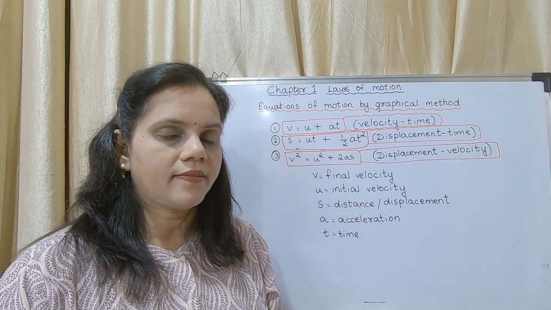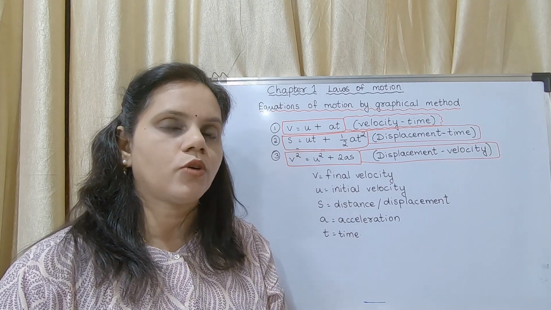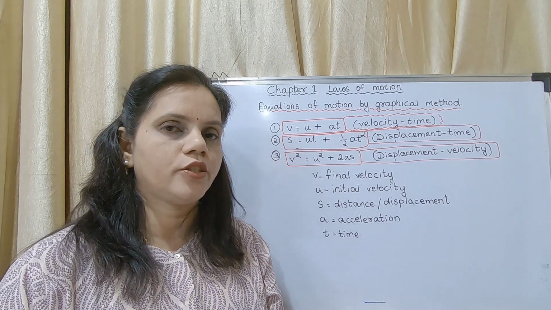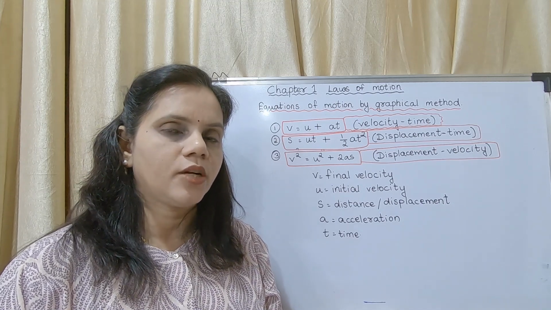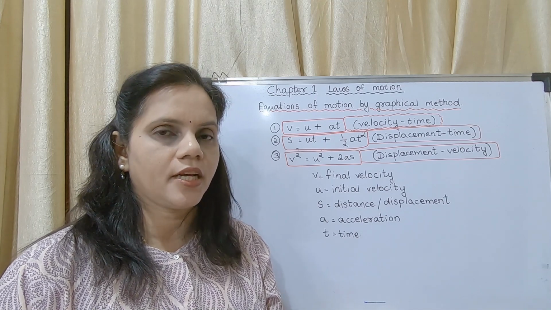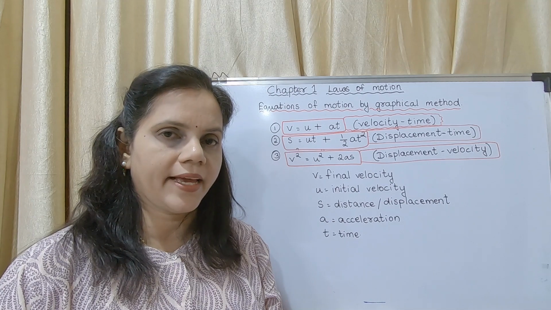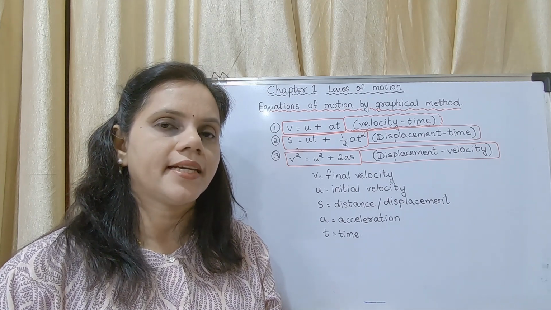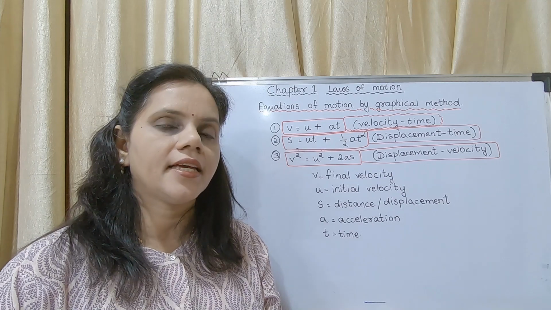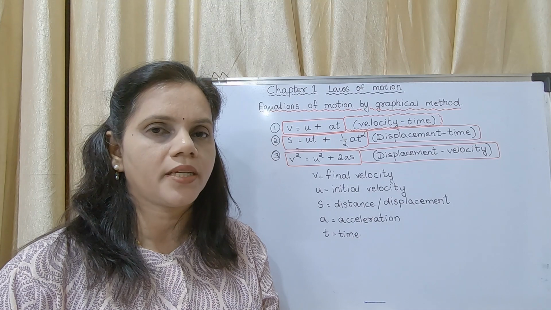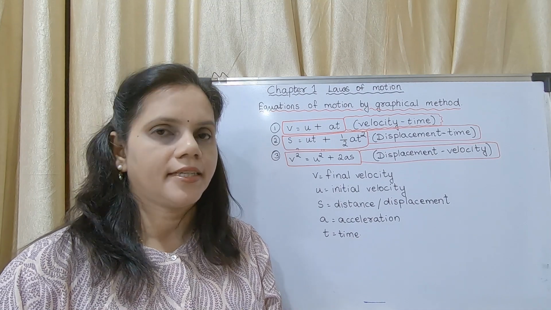Hope you have understood the three equations. So what are the three equations? v is equal to u plus at, s is equal to ut plus half at square, and v square is equal to u square plus 2as, where v is final velocity, u is initial velocity, a is acceleration, s is distance or displacement, and t is time.